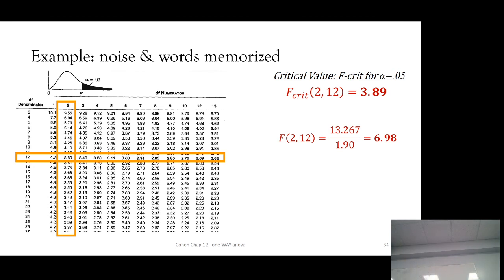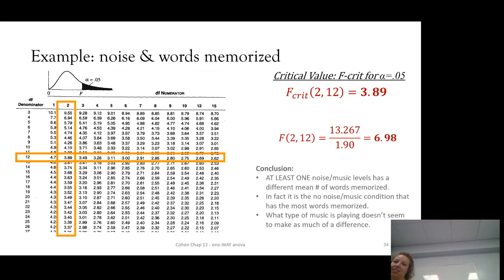So if the critical value is 3.86, but my calculated observed F statistic is almost 7, what can we say? We reject the null hypothesis that the groups are all equal, and we say there is evidence that at least one of those groups has a different average. At least one of those noise conditions.